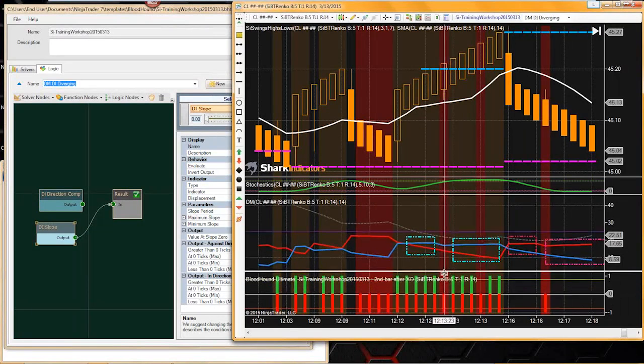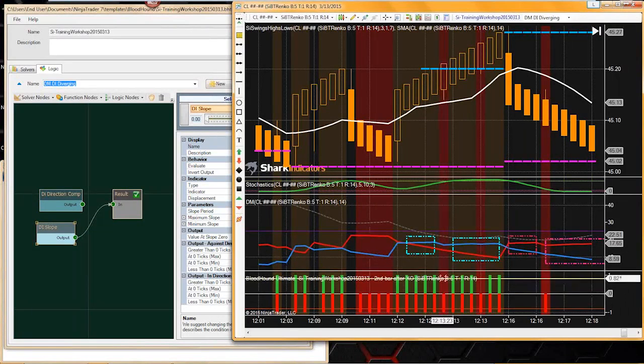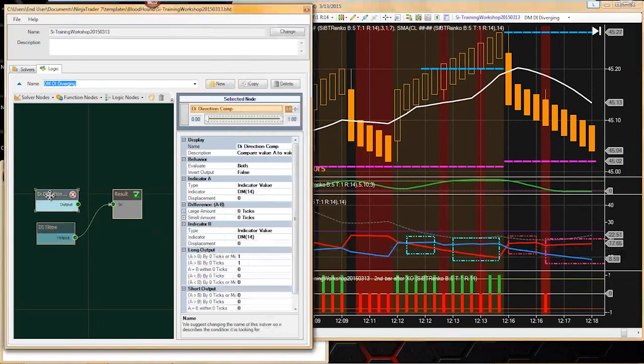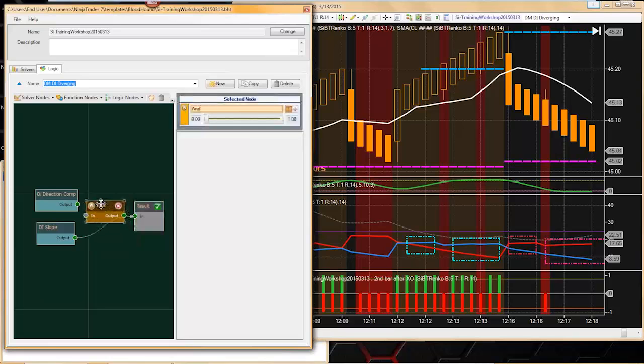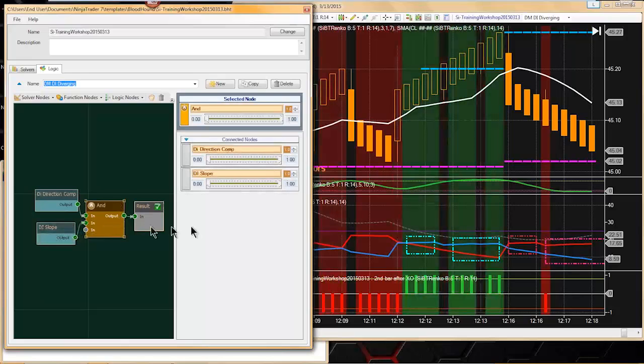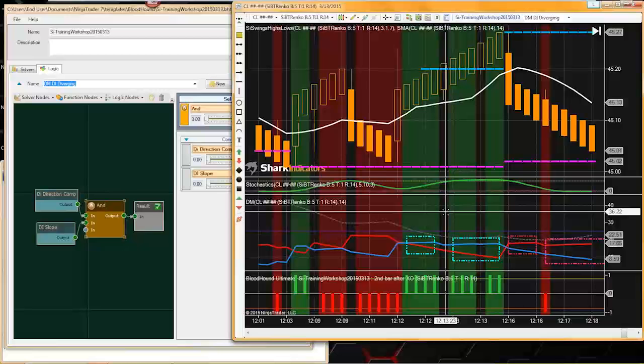And if you look at BloodHound's output, the long output is missing when the plot is sloping down. So I think we can just use an AND node now, like so.